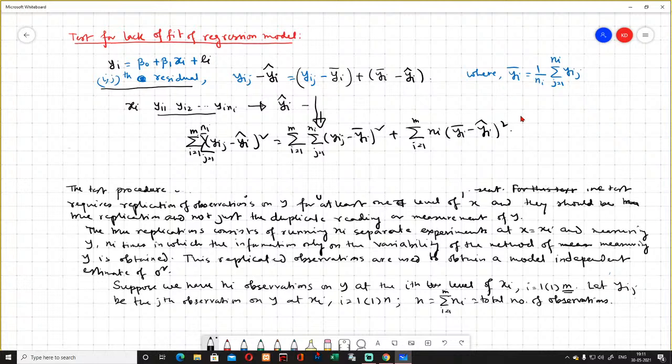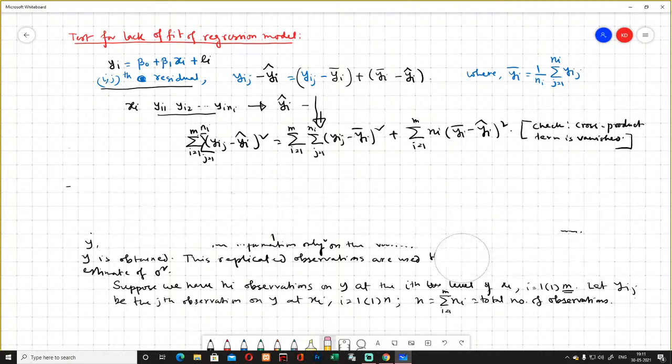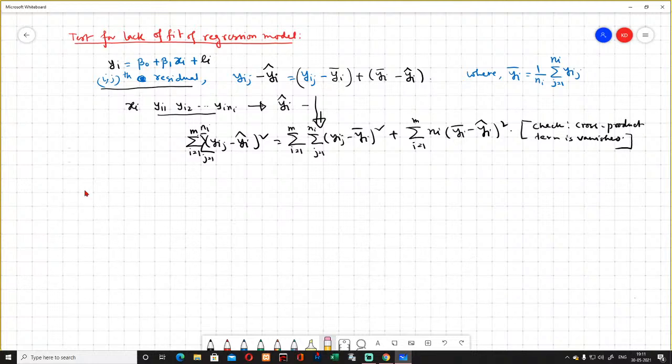Okay, so now if I write k, please change k to m.